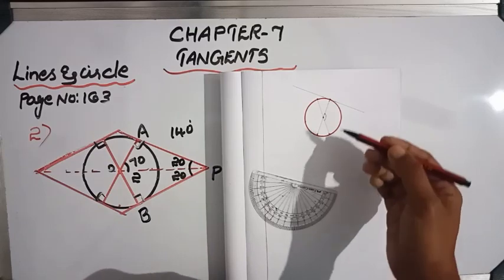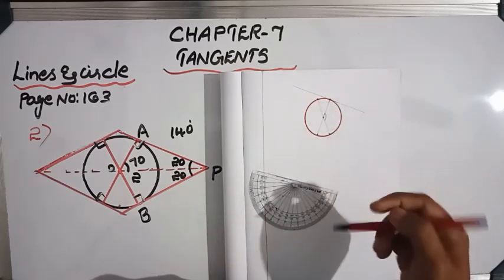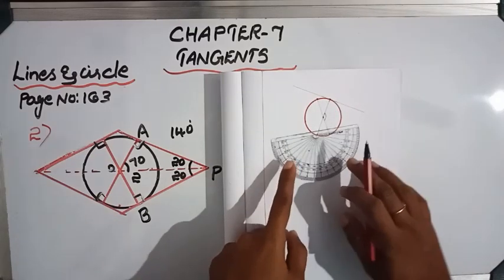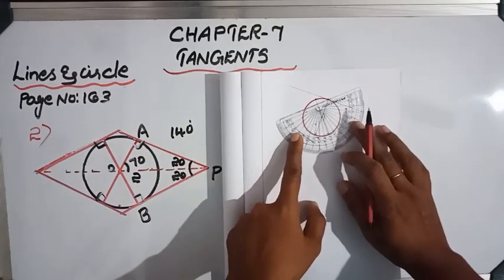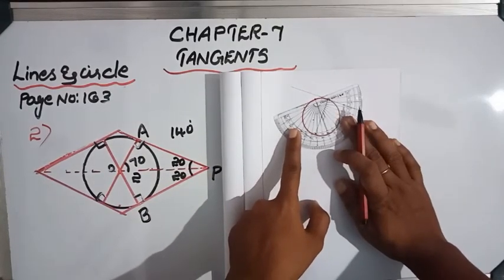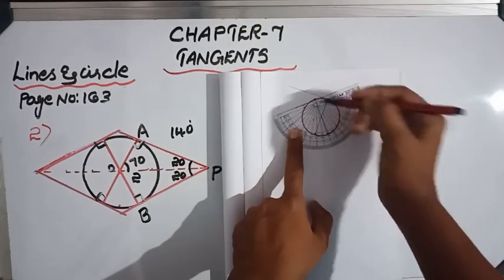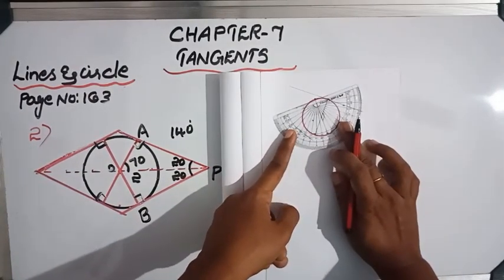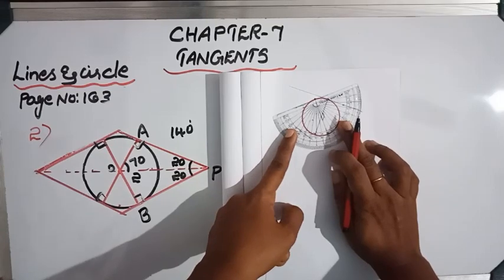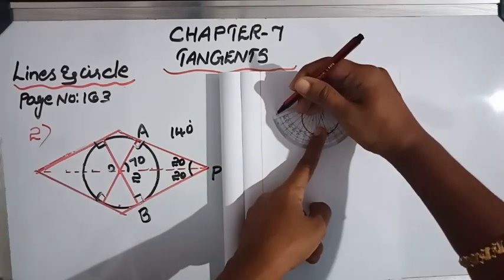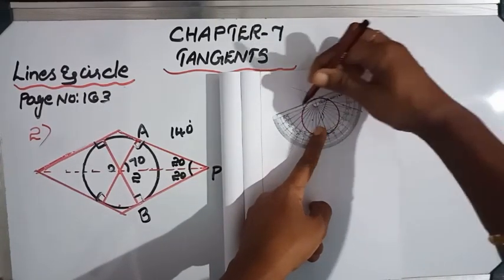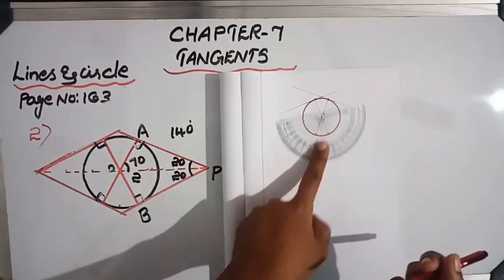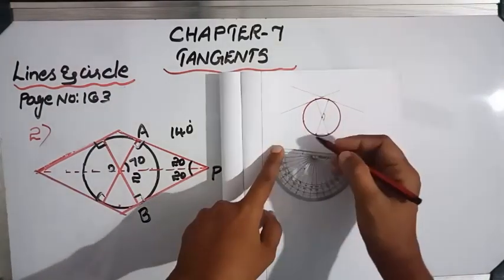The same procedure you have to repeat for the remaining 3 points. Keep the protractor on the next diameter. On the next diameter, only this point must be visible. Keep it like this. No slanting. It must be correct. The 90 degree must be correct. Then draw the next tangent like this. Then again keep it here.